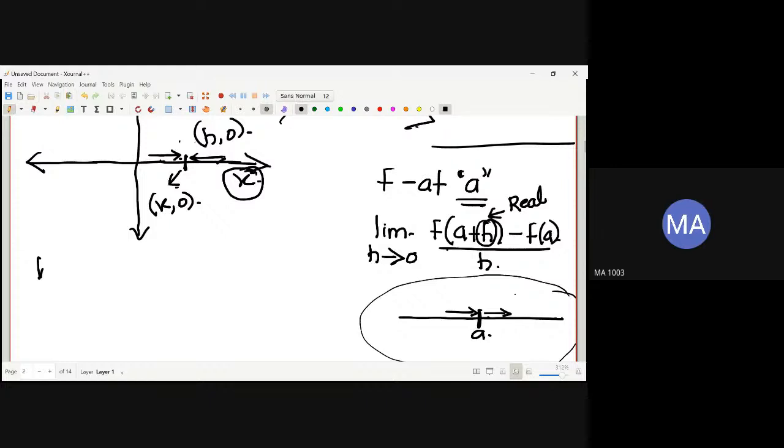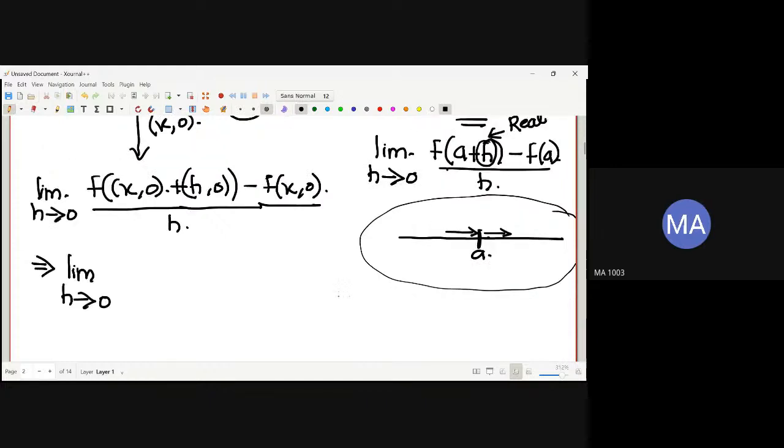So in case of two variables, this is the partial derivative.